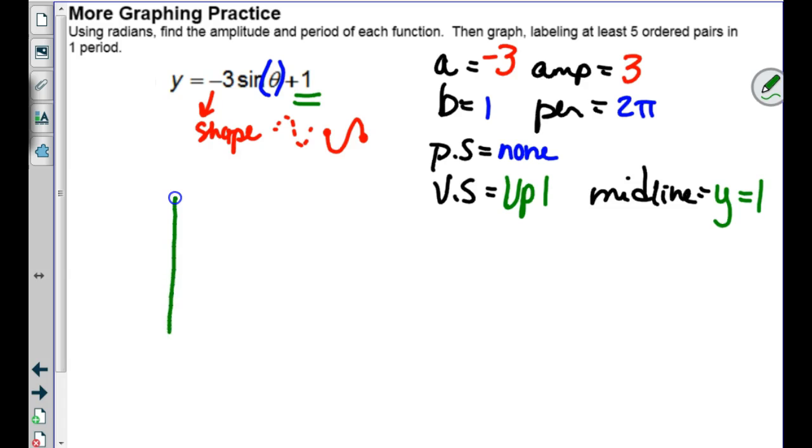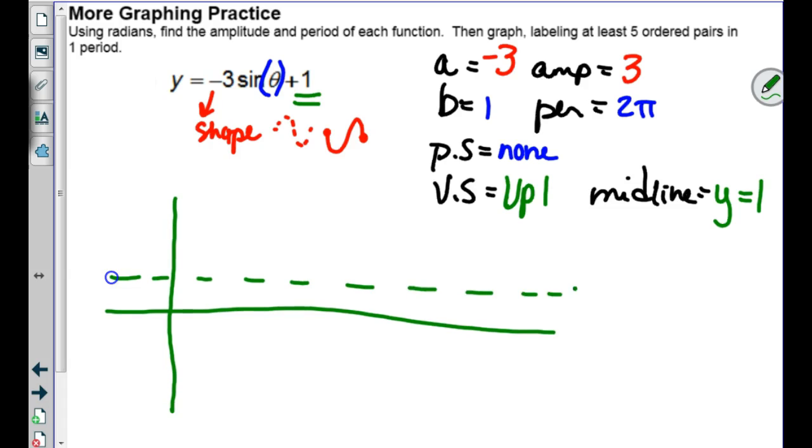All right, so if I draw this, if y equals 1 is the midline, how far above and below that does it go? 3 units. So this would be up to 4. And if we go 3 units down, we'll be at -2.